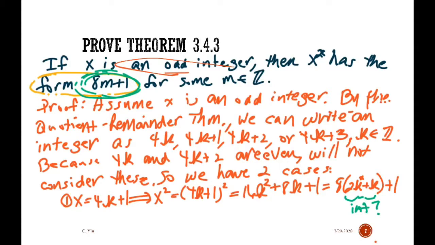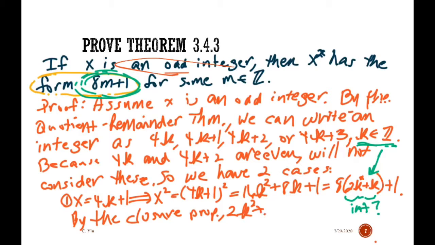Remember how I told you that k being an integer is going to be important? Well, since we know k is an integer, all we're doing down here is adding and multiplying integers, and so by the closure property, that will be an integer. But we do need to state that. So we'll say by the closure property, 2k squared plus k is an integer.